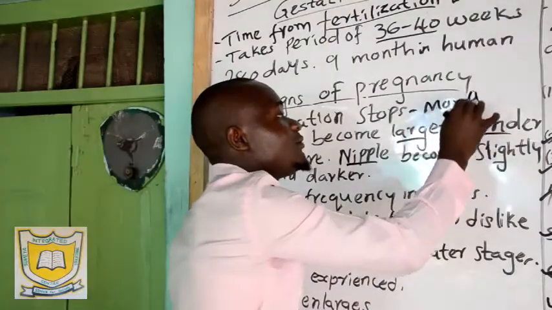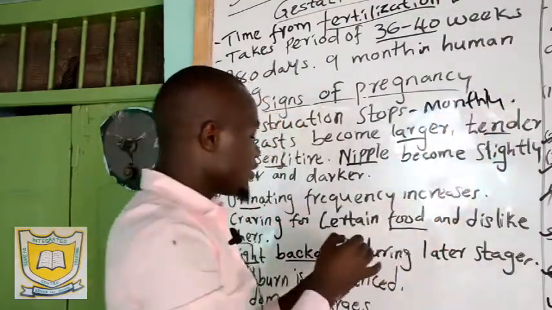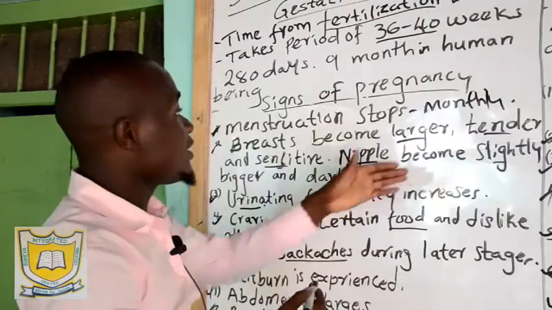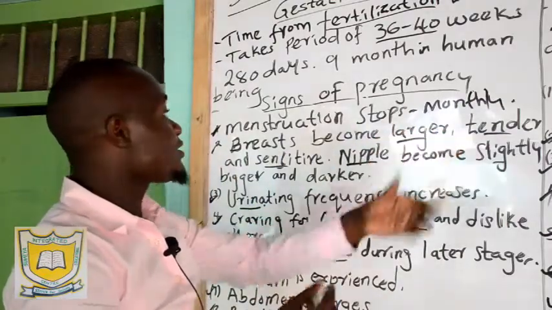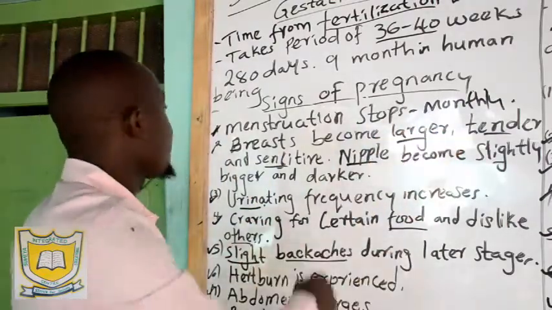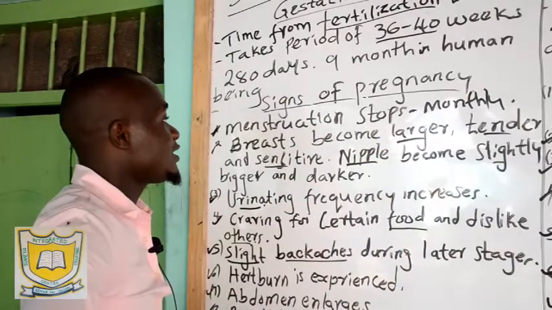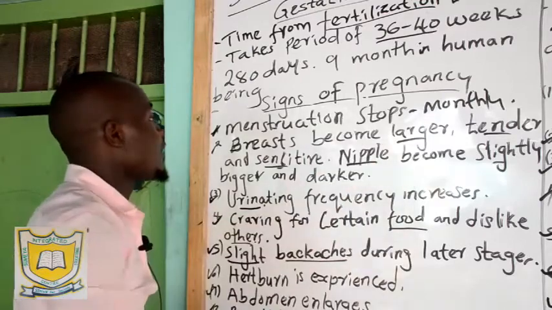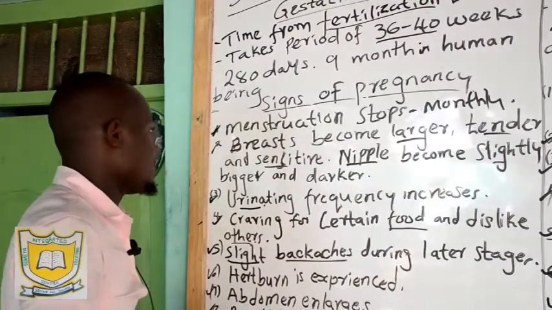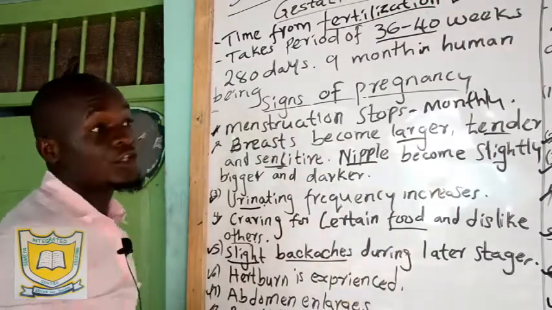The monthly period is what we call the menstruation days. Some take 28 days. There are some variations. So that is menstruation stopping. That's the blood getting outside. The blood that gets outside monthly is the unfertilized ovum and the thickened uterus wall.